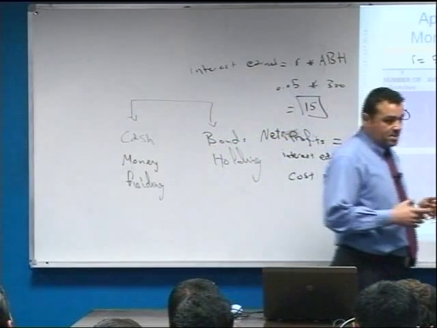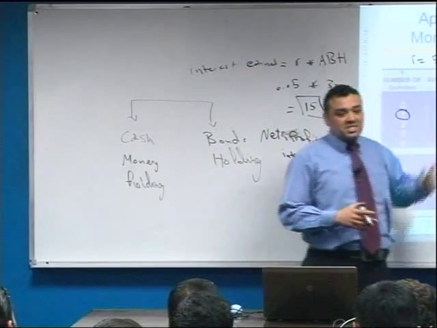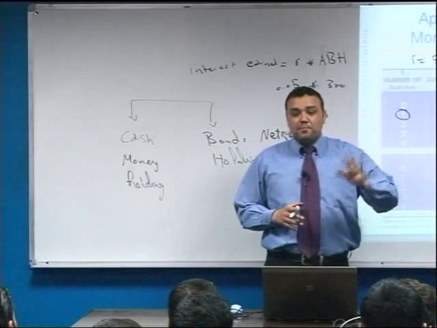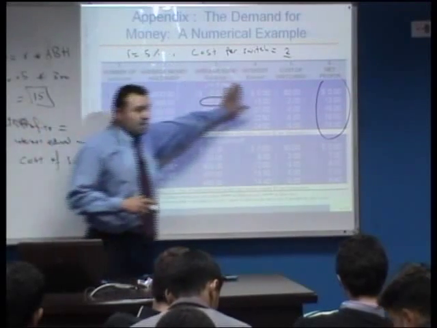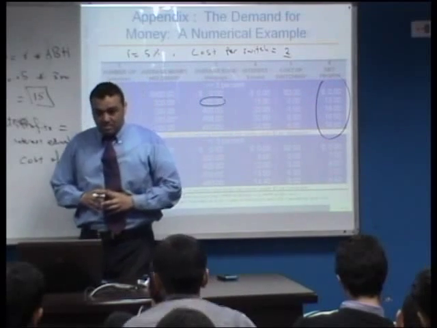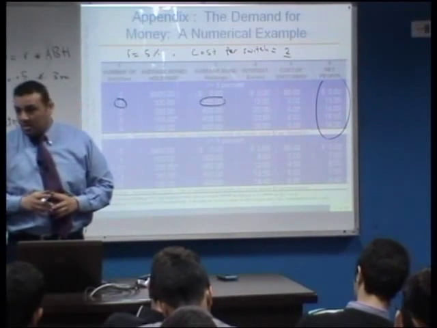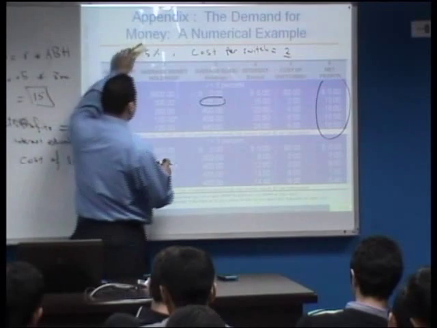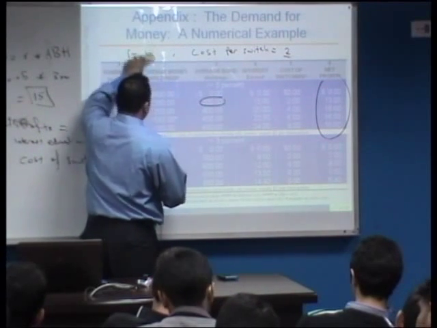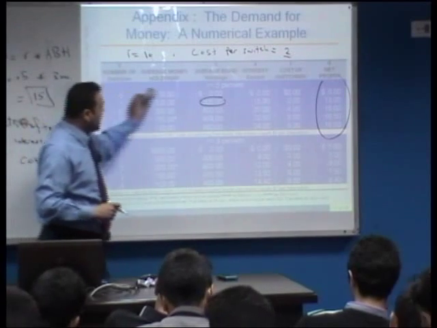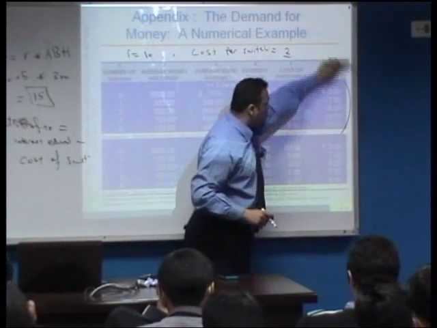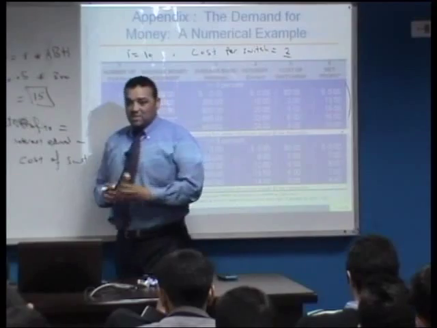So suppose that the interest rate increased to 10% instead of 5%, and all other variables remain constant. What would happen? Where is the new optimal balance?